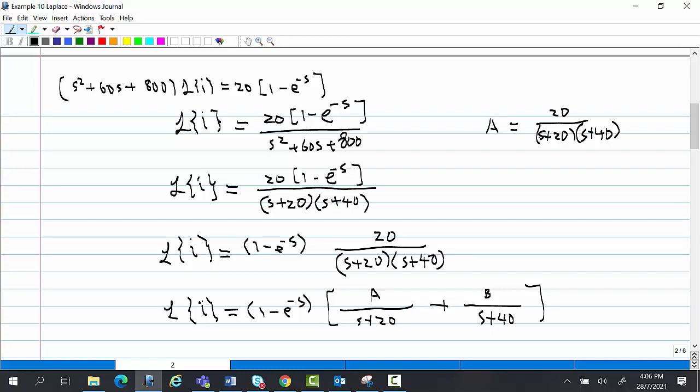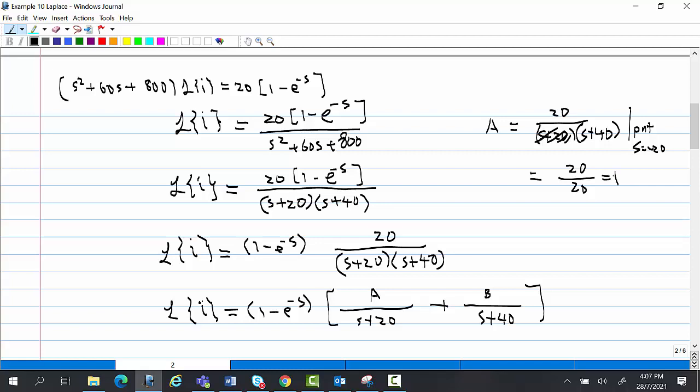I cover up s plus 20 and then put s equal to minus 20. So we get 20 over 20, which is 1.